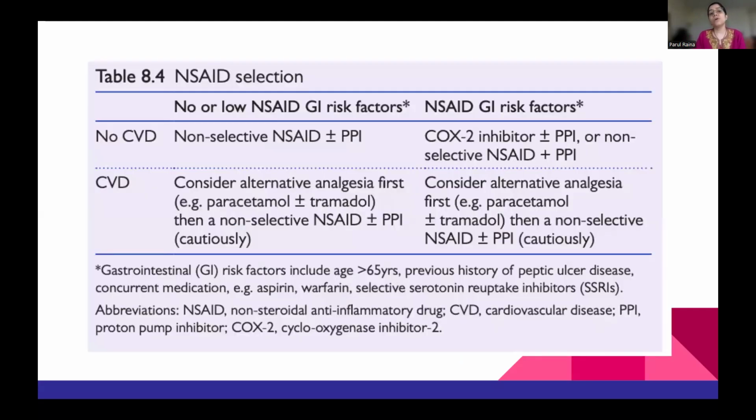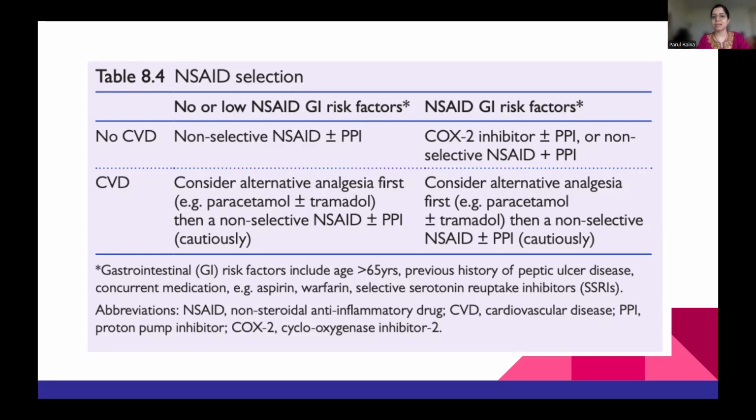So how are we going to select the NSAIDs? We have to see first whether the patient has a GI risk factor or not. What are the GI risk factors? It includes age more than 65 years, previous history of peptic ulcer disease, and any concurrent medication like aspirin, warfarin, and SSRIs.